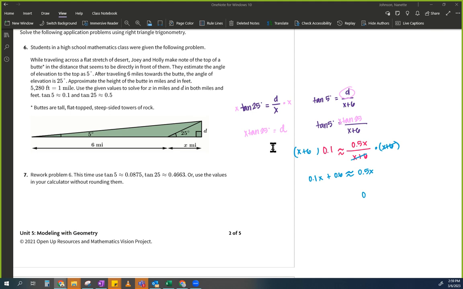So d is equal to, approximately now, 1.5 times tangent of 25, which is 0.5, right? So half of 1.5 is going to be 0.75. So this is about 0.75 miles.